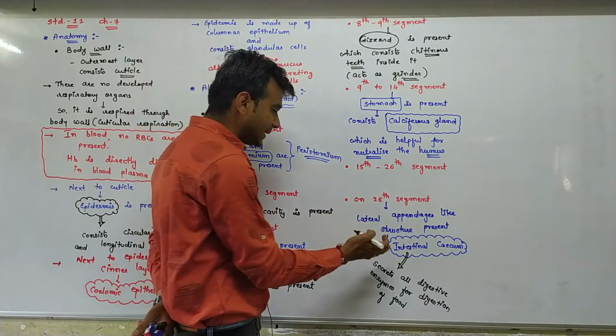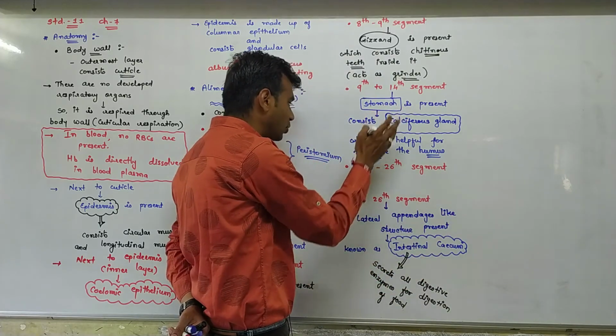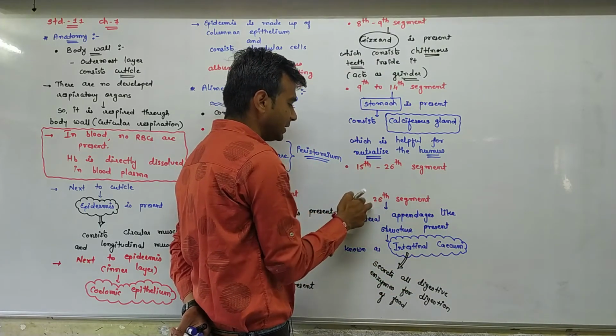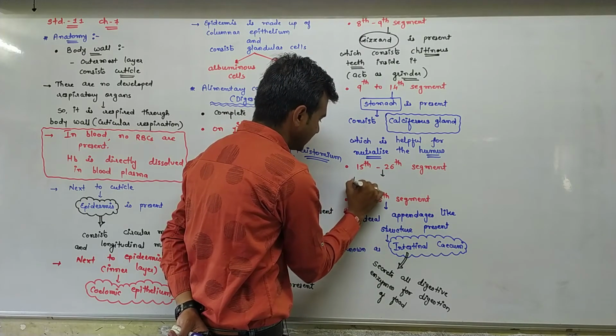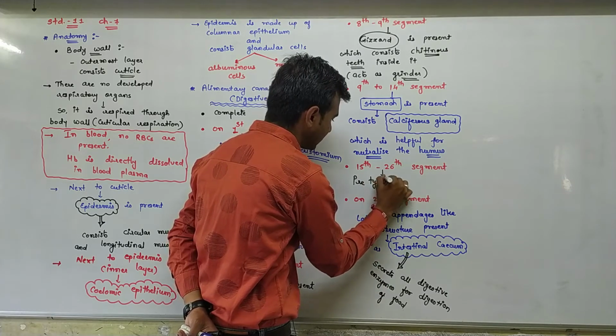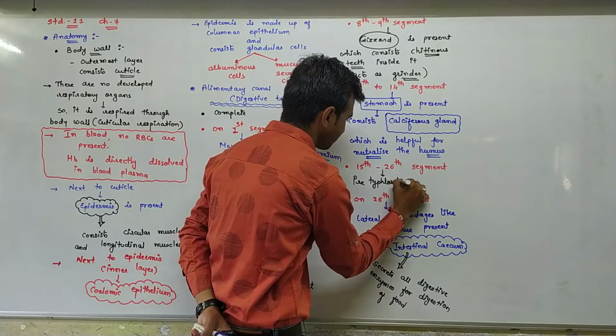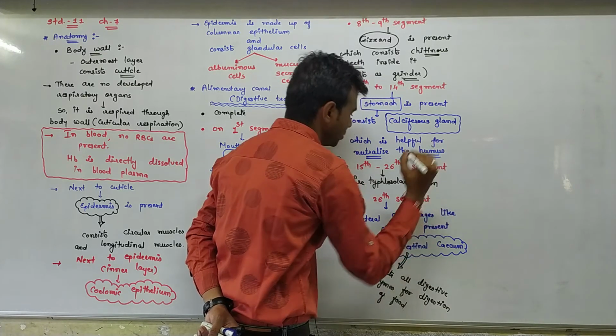From this intestinal cecum, just above it, the 15th segment to the 26th segment, that region is known as the pre-typhlosolar region.